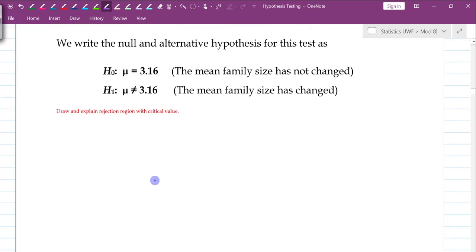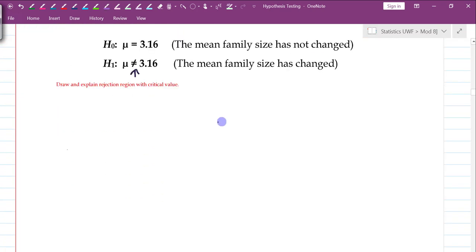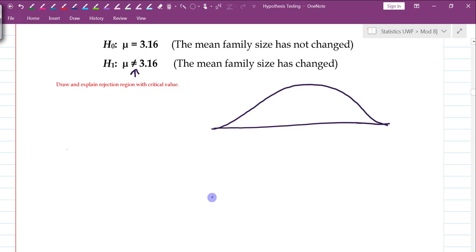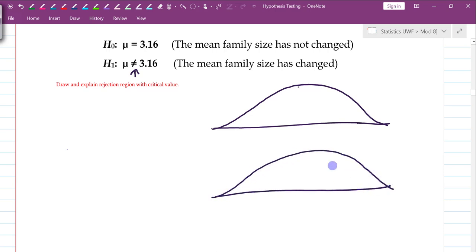Now, let's draw a picture of what this looks like. So we're going to have our raw data picture right here, and then right below it, our standardized picture. In the very center of our raw data, we have 3.16. In the center of our standardized, we put 0. What we're going to calculate is some critical value on our z, and it's going to be negative z star and positive z star.